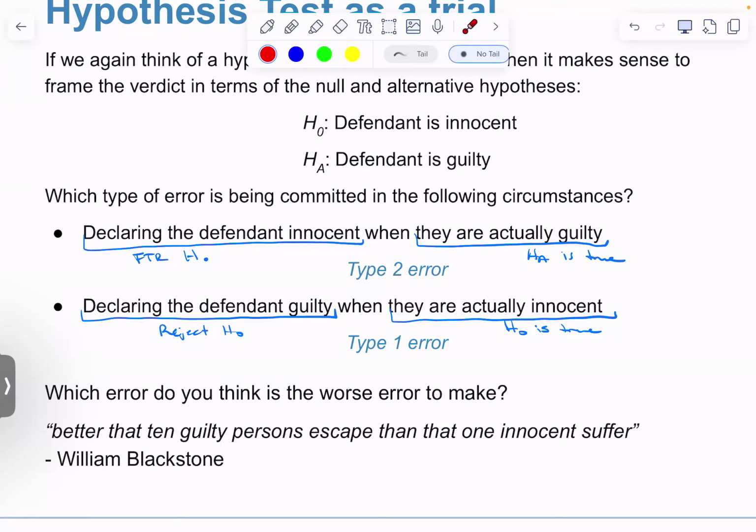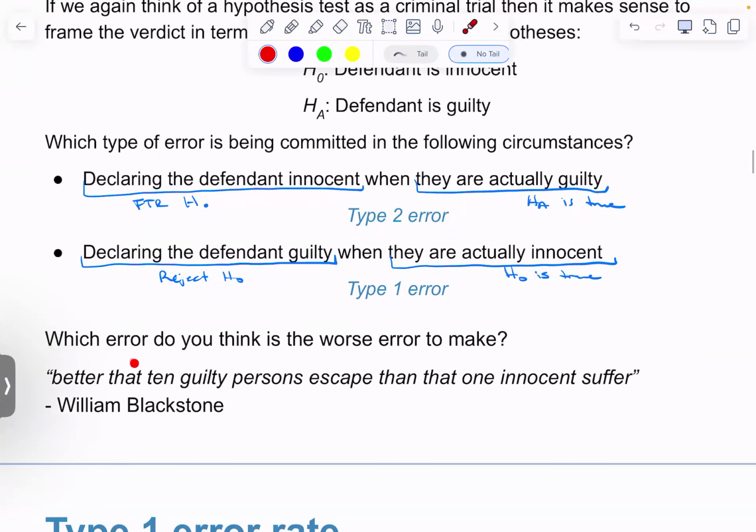Now, there are scenarios where the gravity of the errors that we could be making changes, right? A type 2 error could be worse than a type 1 error, but generally speaking, a type 1 error is worse, okay? So this is finding that an innocent person is guilty.